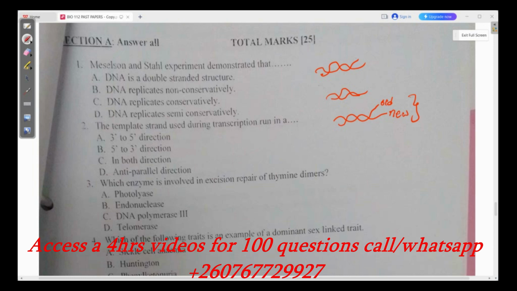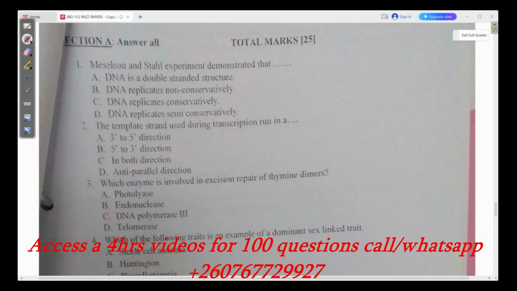And this experiment confirmed that DNA replication is semi-conservative. That is, each newly synthesized DNA is going to have one strand which is old, and the other strand is going to be new. So why is it so? When we say half old strand and half new strand, it's like this.